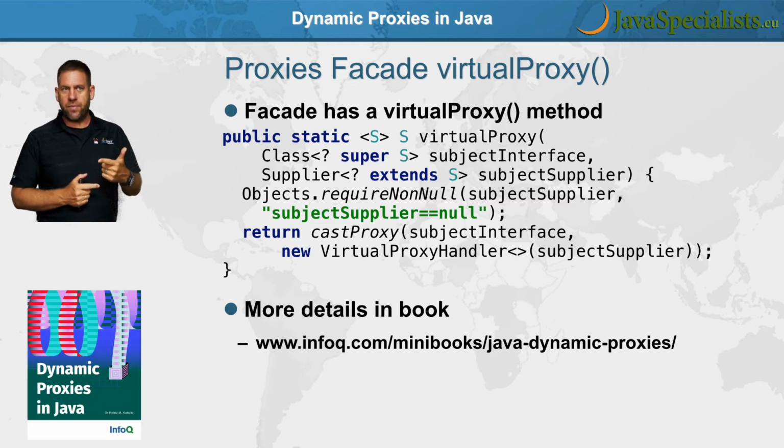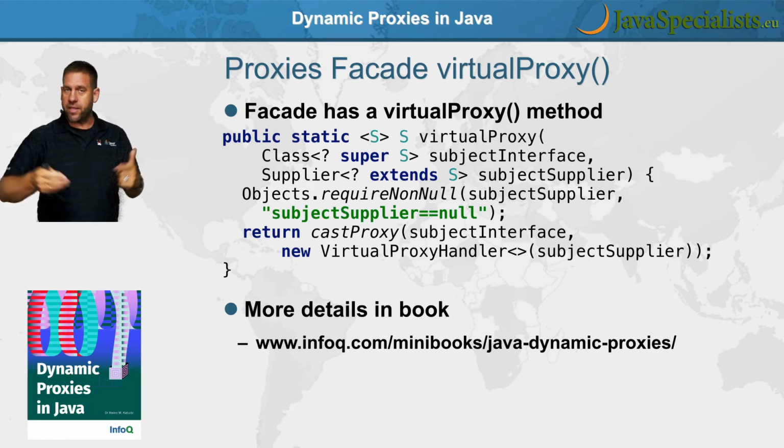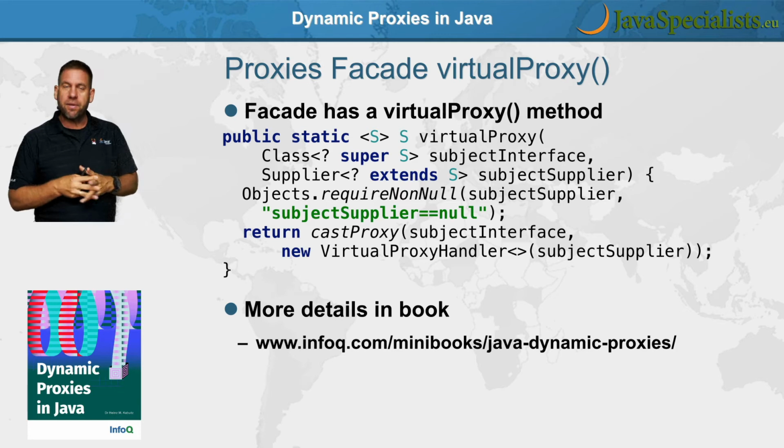The second one is a bit more subtle. It also will unwrap an InvocationTargetException and throw the cause. So if you're doing any reflection, it would unwrap the InvocationTargetException, and throw the cause rather than the InvocationTargetException. And the third thing it does is it speeds up the method calls.